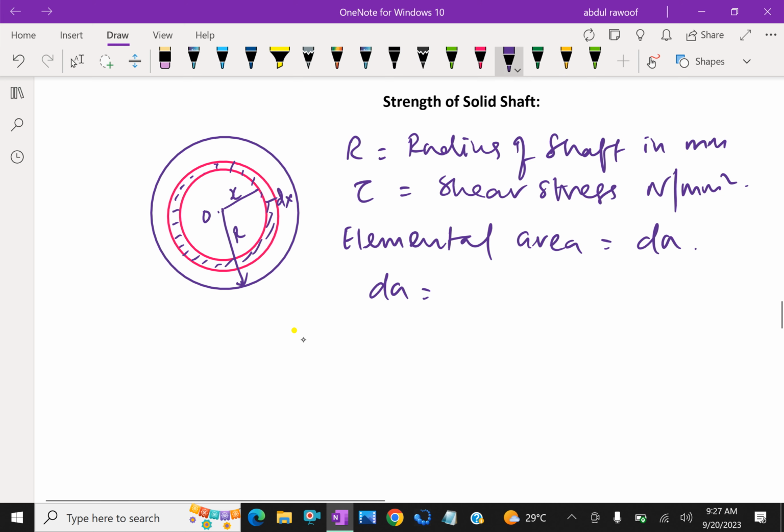Circumference is 2 pi x, into thickness dx. So the elemental area is dA equal to 2 pi x dx.